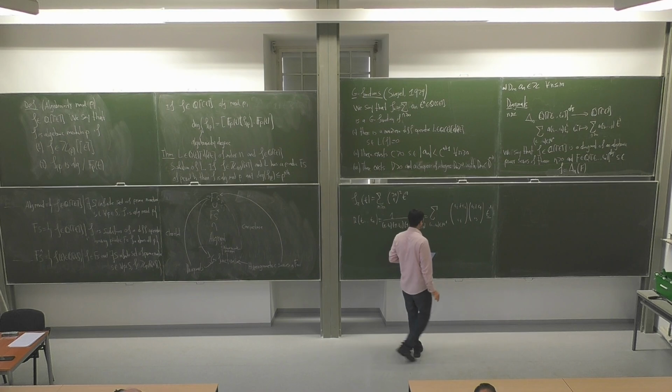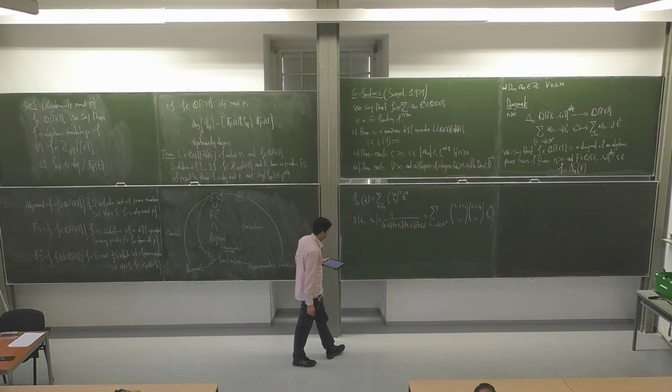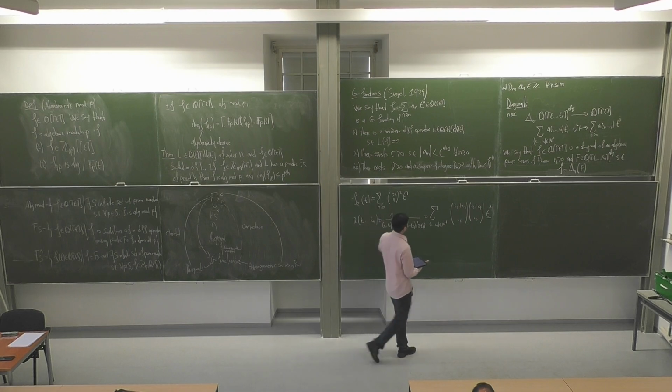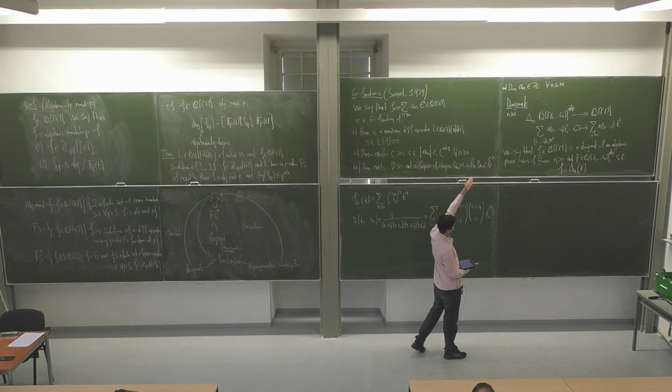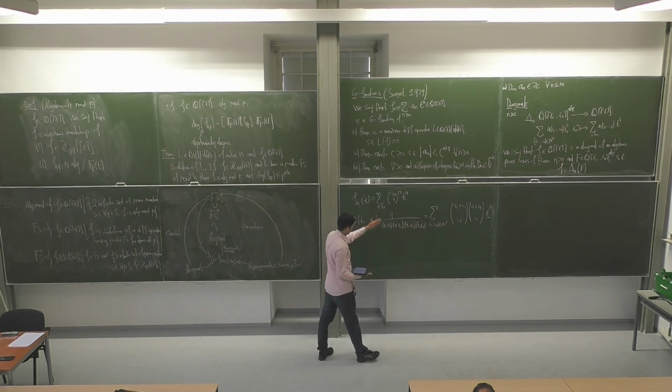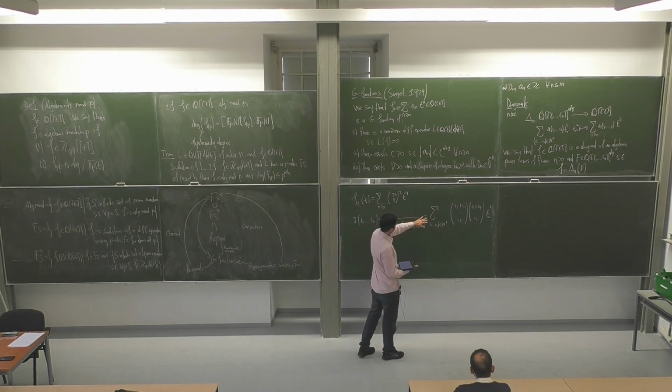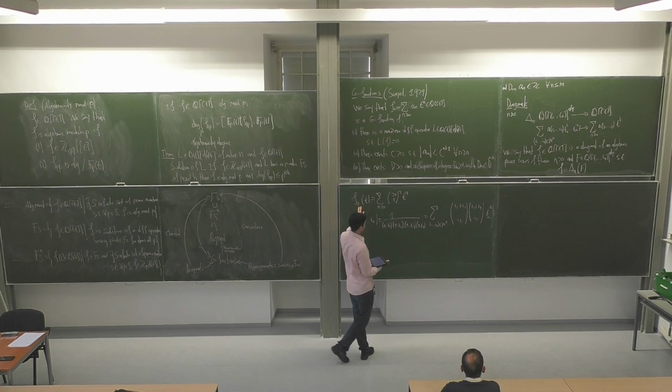Okay? And of course, this rational function is algebraic because it's a rational function, and the diagonal is easy to see that is actually F2.